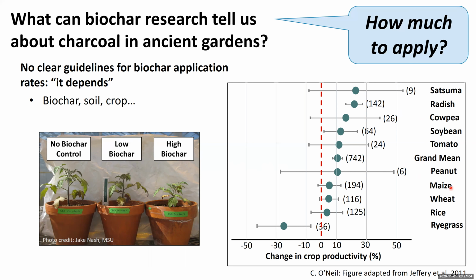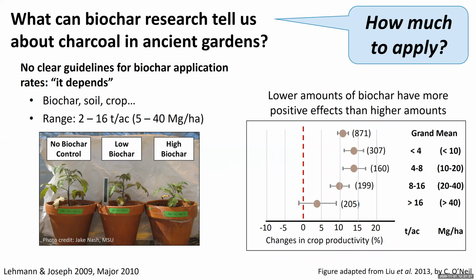Maize or corn shows a trend towards increased productivity, but we can't say that the effect is statistically significant. Ryegrass clearly shows a negative effect, less productivity when biochar is added. So again, it's important to know what type of crop is intended to be grown with biochar, because that can really influence whether the crop responds positively or negatively.